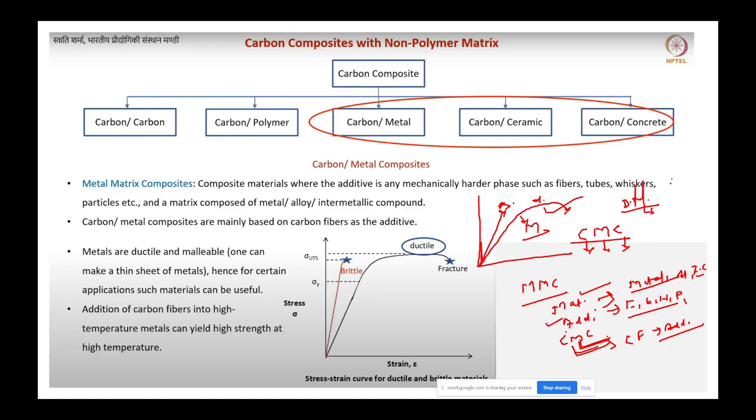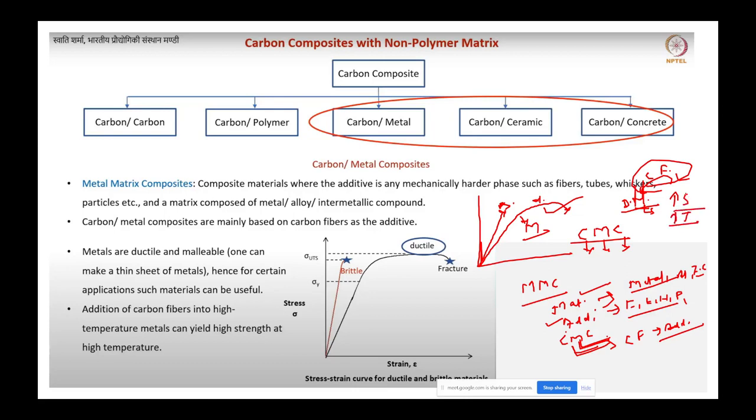But if you add carbon fiber into this good property of a metal, now suppose this metal is a high temperature metal, if it can resist the high temperature. Now if you add a carbon fiber, then it will give you a high strength at high temperature.